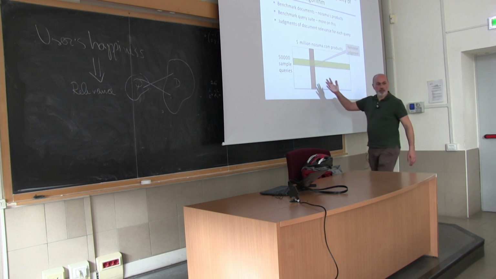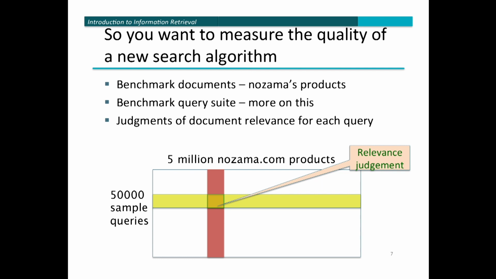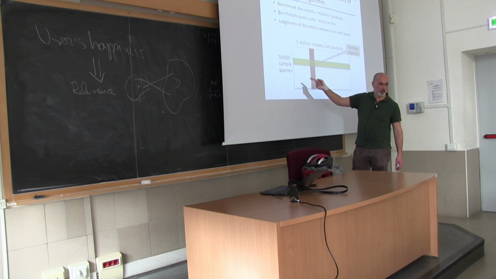But even if you have all this information available, and let's say you have a collection of possible queries in the order of tens of thousands, and you have, I don't know, 5 million products, you know what it means? Every user, every product. Come on, can you think of this matrix? No, you don't want to represent it, okay?